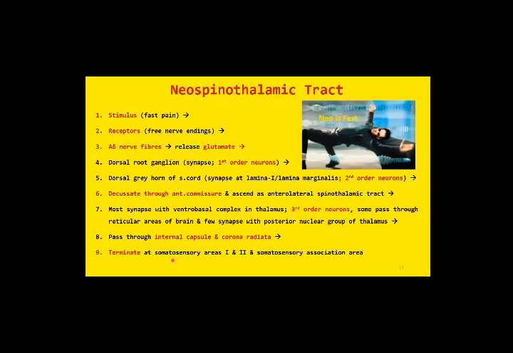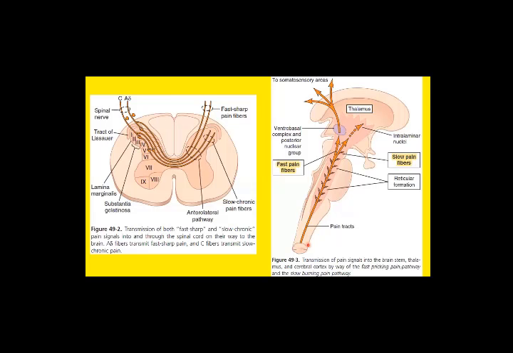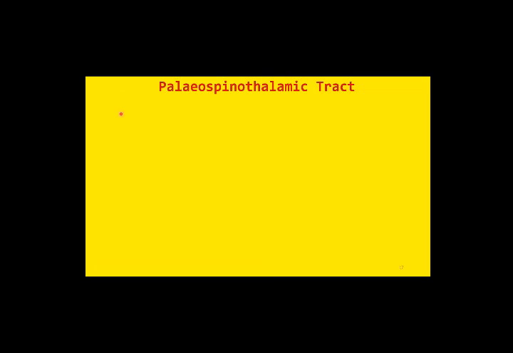Somatosensory area 1 is area 3, 1, 2 according to Brodmann's classification, whereas the somatosensory association area is area 5 and 7. So we have completed the neospinothalamic tract. Now we will discuss the slow pathway, the paleospinothalamic pathway.